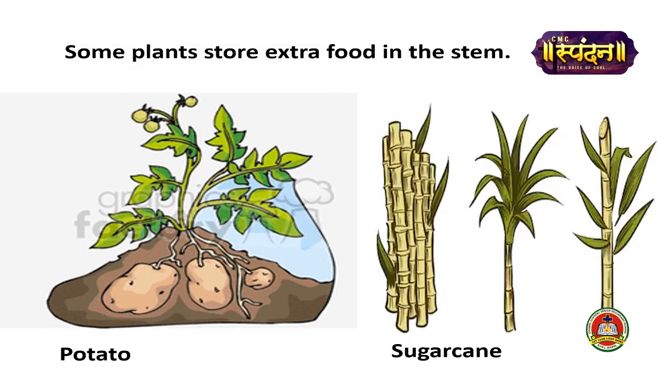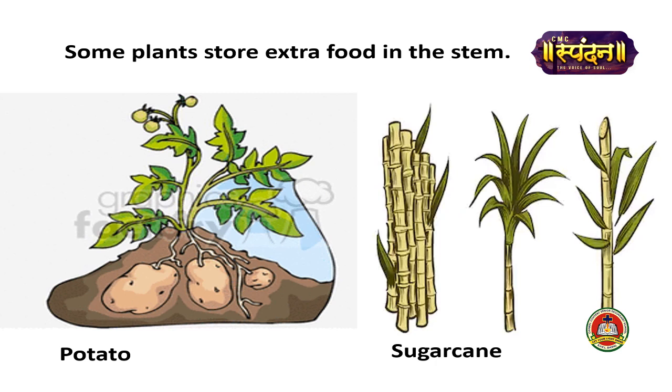Next point, in some plants, extra food is stored in the stem. For example, potato and sugarcane. Although potato grows under the ground, it is a stem.